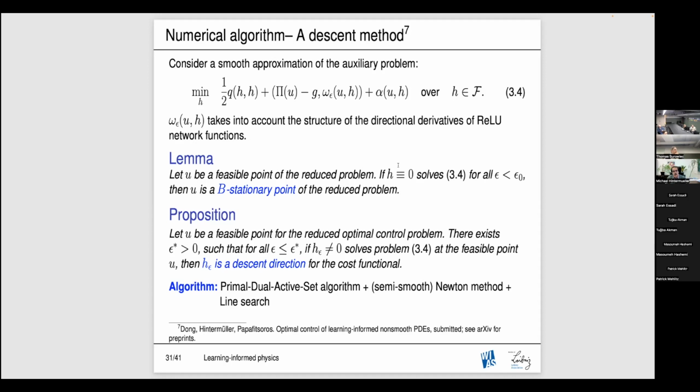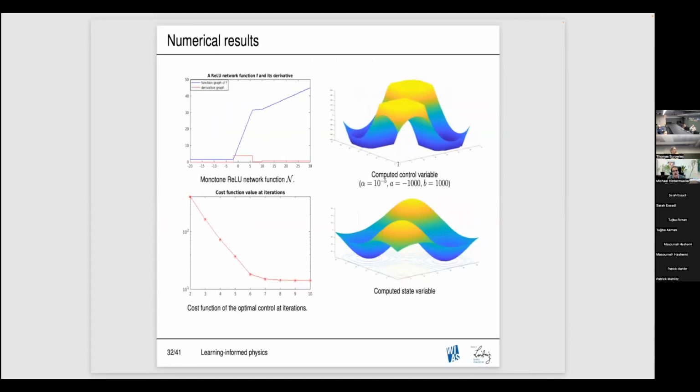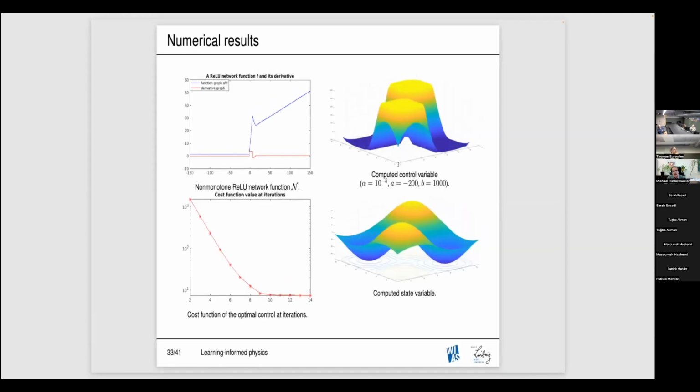Then you can prove that if all is fine and h solves this problem, you get a P-stationary point, or in the worst case, a C-stationary point. Some numerical results: I think there's not much to say other than it works well. This is a case where everything is monotone, but we even did some investigation of non-monotone mappings F.